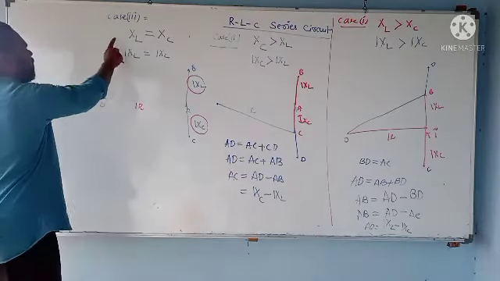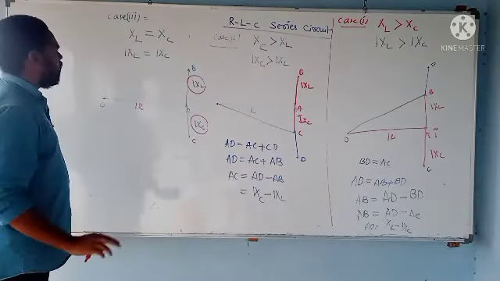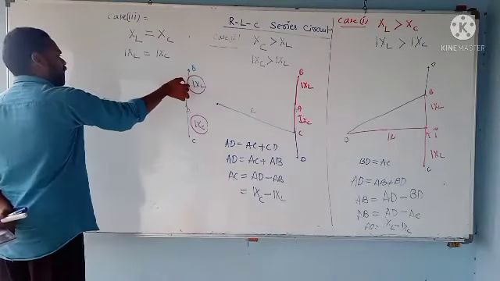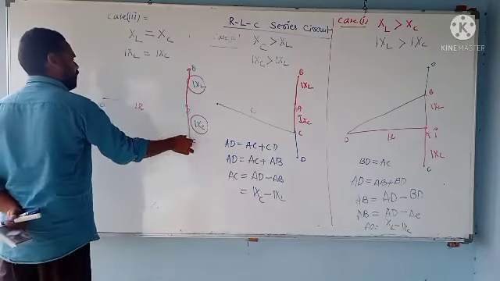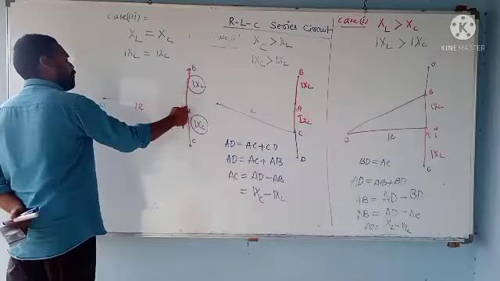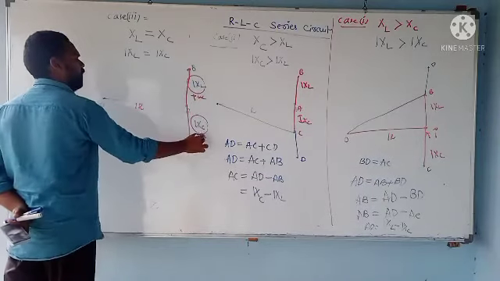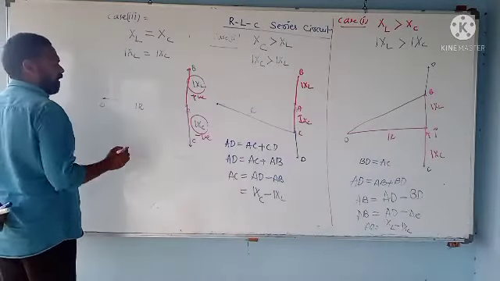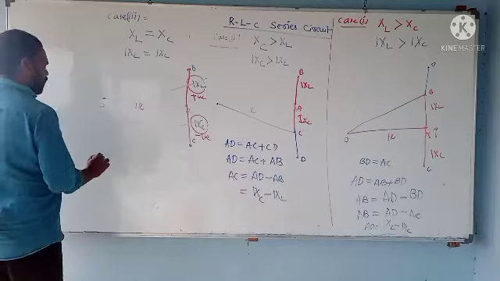In case 3, I am assuming that both the reactances offered by the inductor and capacitor are the same. If IXL and IXC are the same, and these two are in opposite directions, one on the positive side and another on the negative side, having the same magnitude, they cancel out each other.